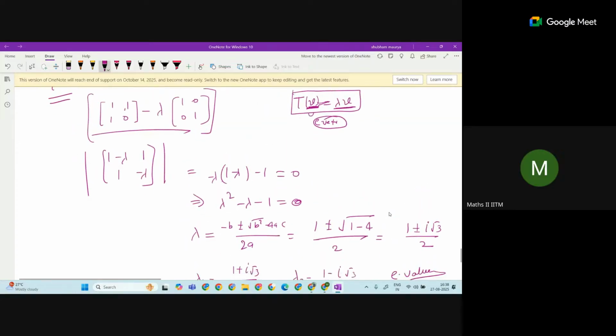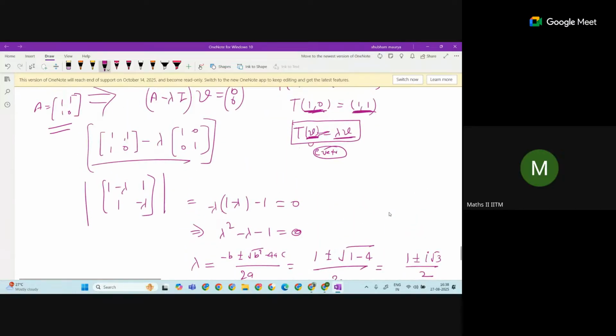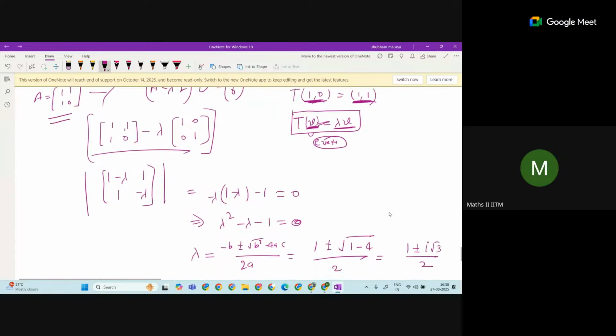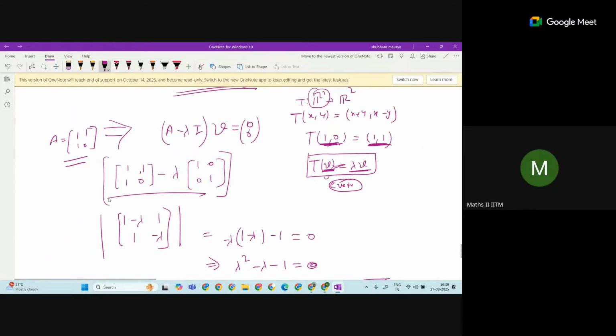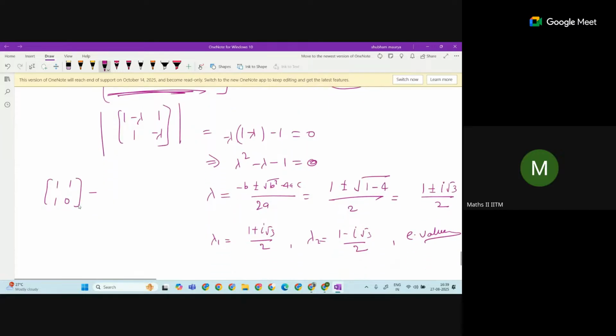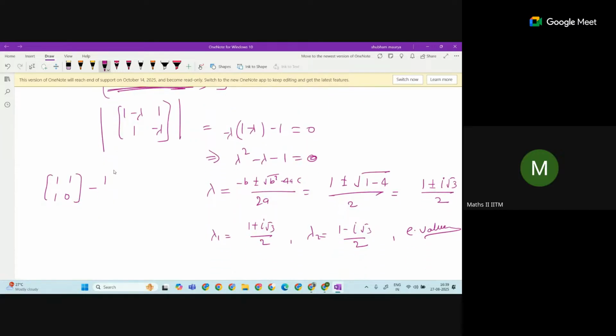Now you will substitute them one by one in that matrix. Our matrix is A, which is [[1, 1], [1, 0]], and now you will substitute here and solve the linear equation. We'll take the first λ, which is (1 + i√3)/2, and the identity [[1, 0], [0, 1]]. You'll get a matrix like this.